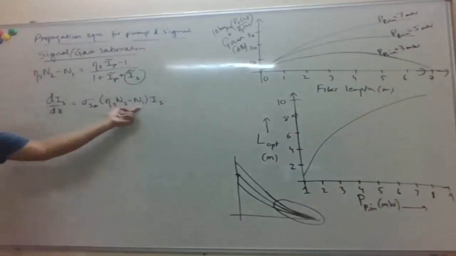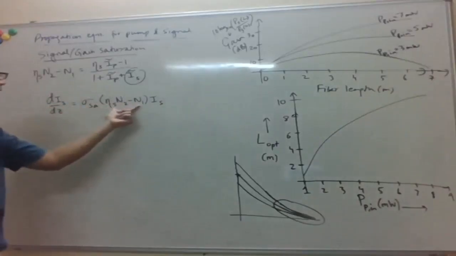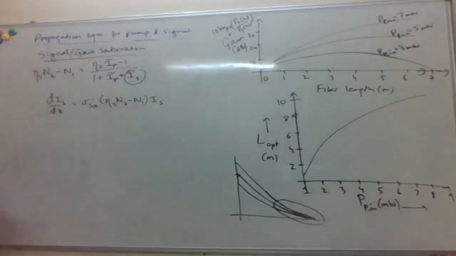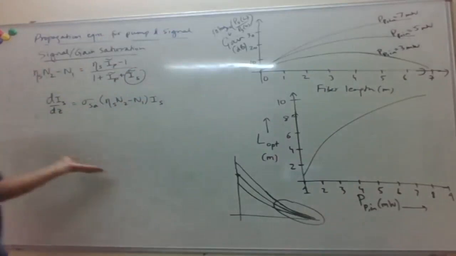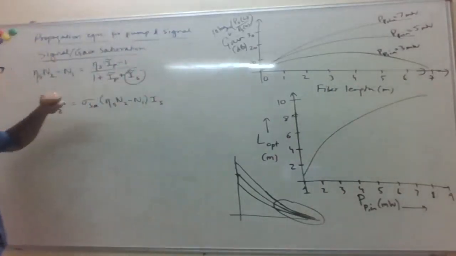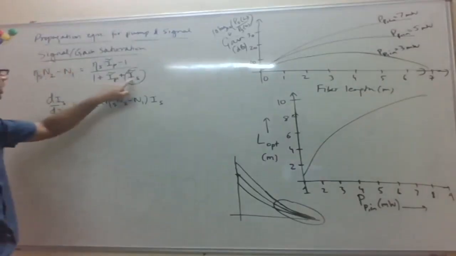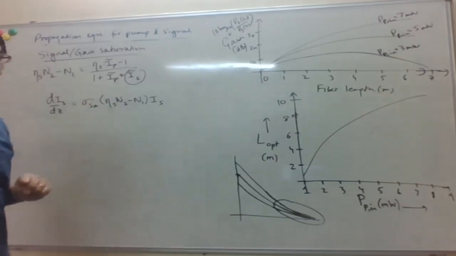Depending on the sign or the value of this thing, the amount of gain that the signal experiences depends on this population inversion value. But in the small signal approximation, we just neglected IS. Now once the signal acquires a sufficient amount of gain, you can't neglect this IS anymore. And you can see that this population inversion goes down with increasing signal power.